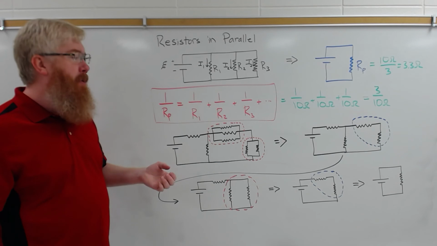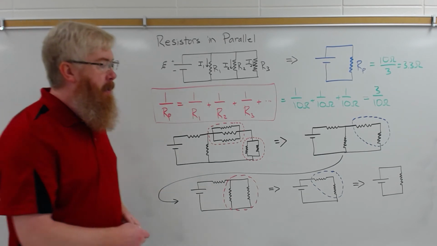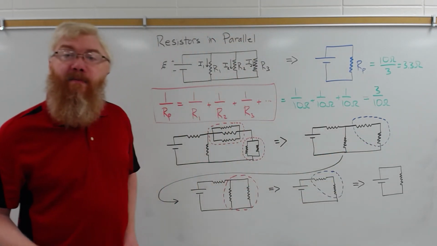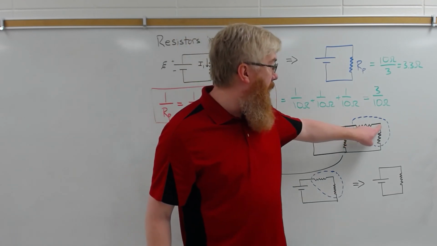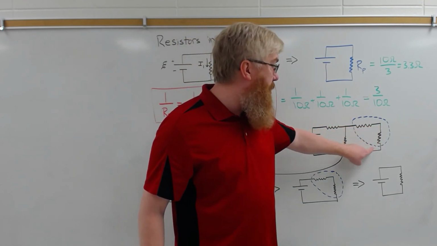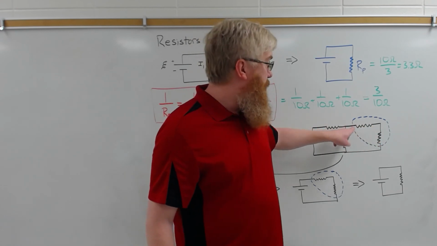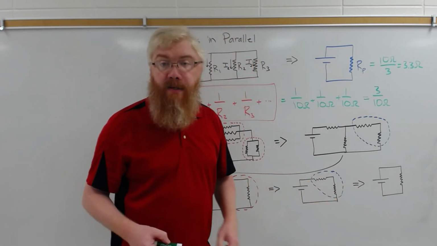Okay, now, do I have resistors that might be in series? Do I have resistors that might be parallel? Well, these 2 resistors, circled in blue, are in series, because if you go through resistor 1, you must go through resistor 2, right? You don't have a choice.